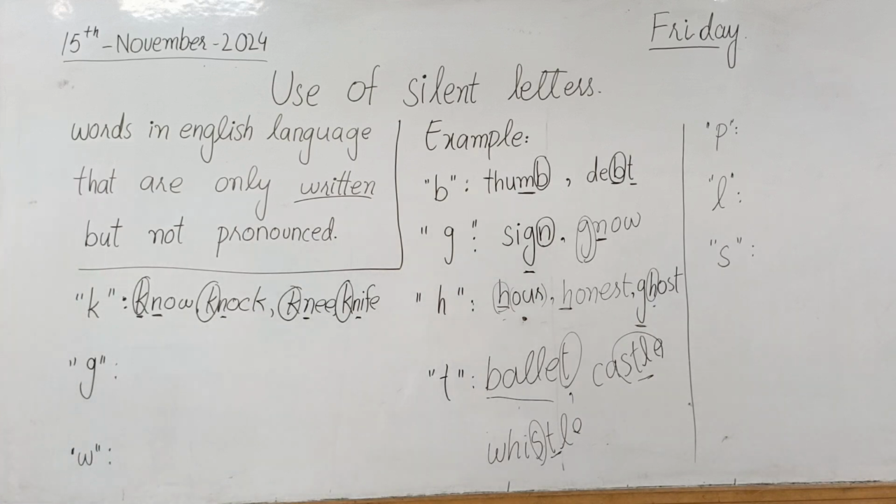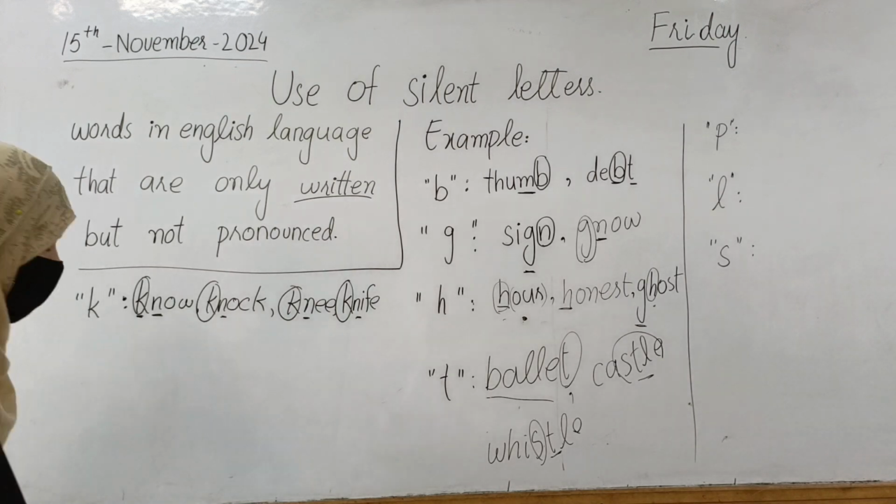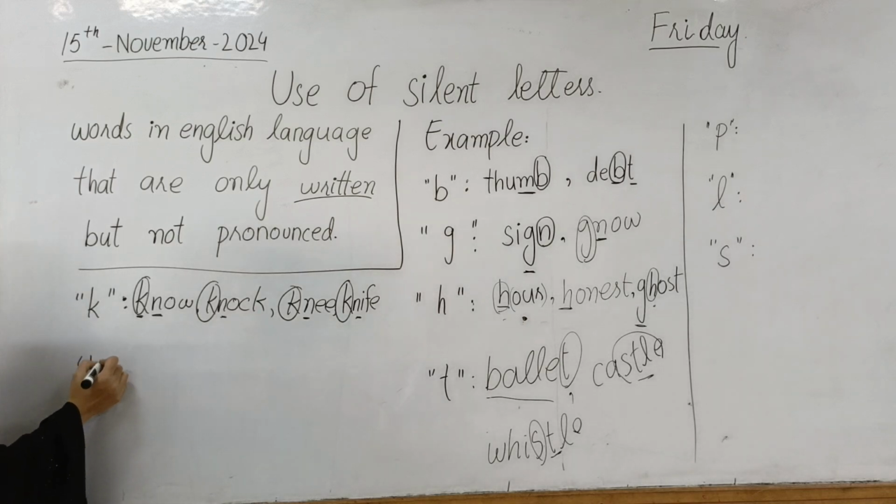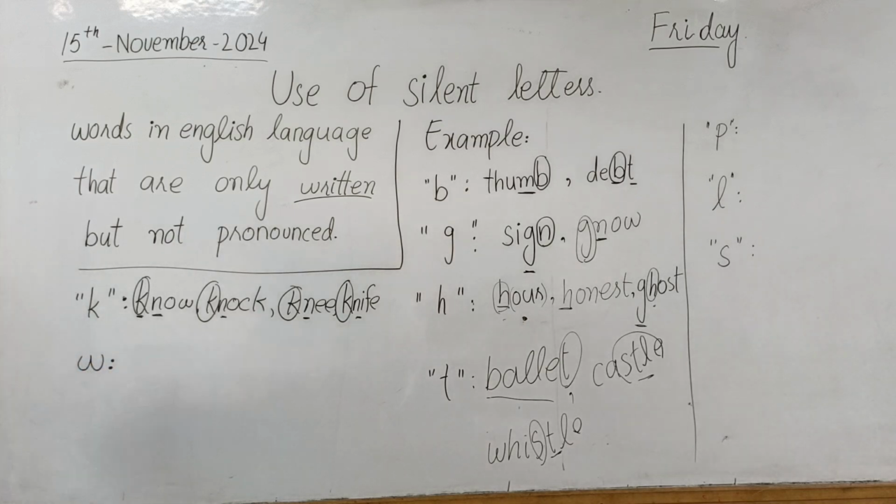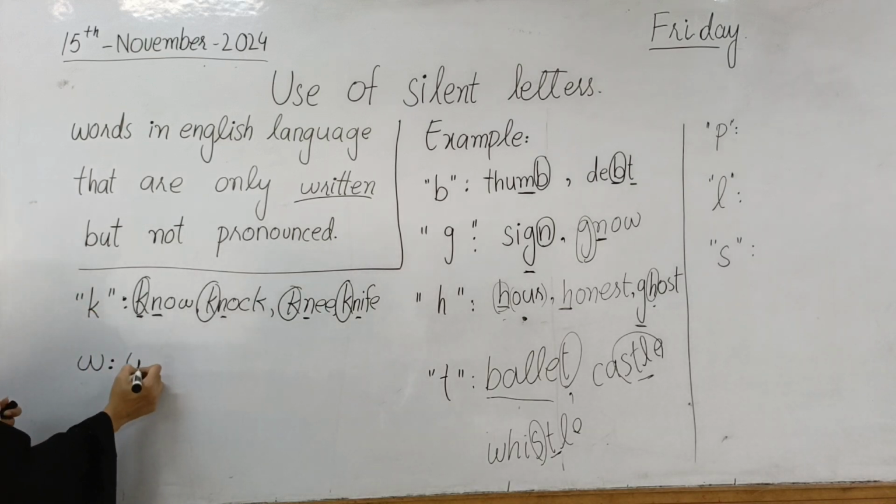Okay. So next we have the word G. We will be learning where G is silent. Oh, sorry. It's a misunderstanding. We are already done with the G. We will be moving towards the letter W. We'll be skipping G because we have already done this, and we will be considering the letter W. So the W is most basically silent at the beginning of words, as we have just discussed in the example of wrist.